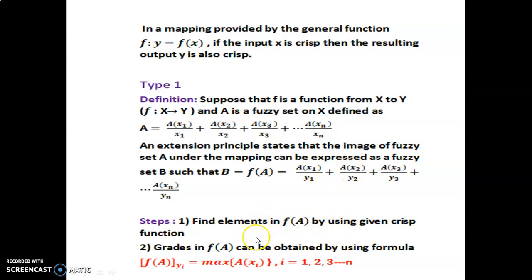The grades in f of A can be obtained by using the formula f of A suffix y is equal to max of A of xi, i equal to 1, 2, 3 and so on to n. So these are the two steps. First, the denominator can be obtained by using the crisp function, and the respective grades can be obtained by using this formula. Now we will see an example.